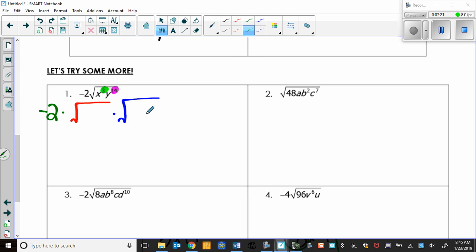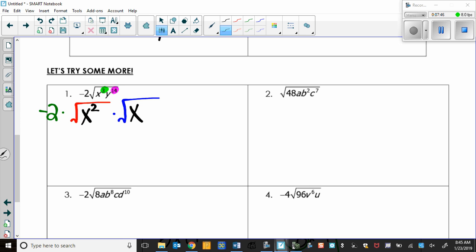So for x to the 3rd power, if I split it up, the highest even number is 2. So on the left-hand side, I'm going to have x squared, and on the right-hand side, I'm just going to have x, which is my leftover, because if I add 2 plus 1, I get the exponent of 3.